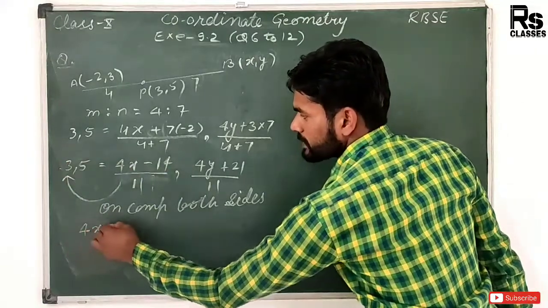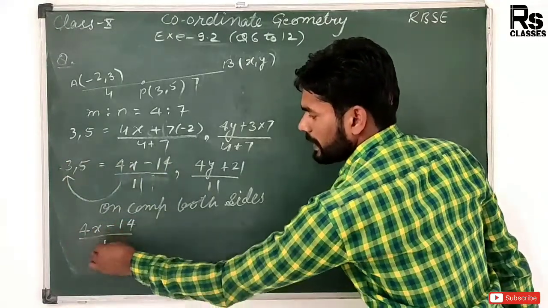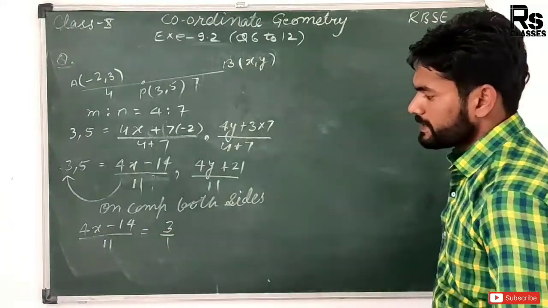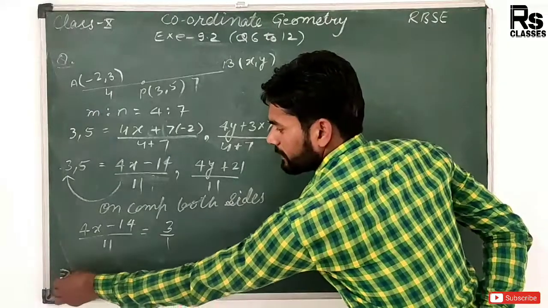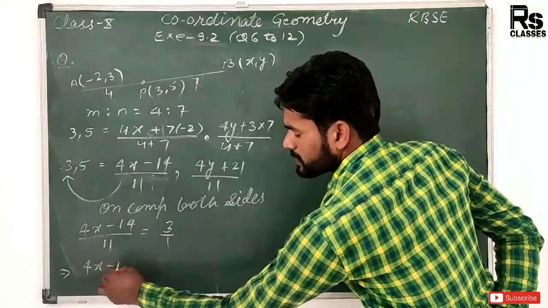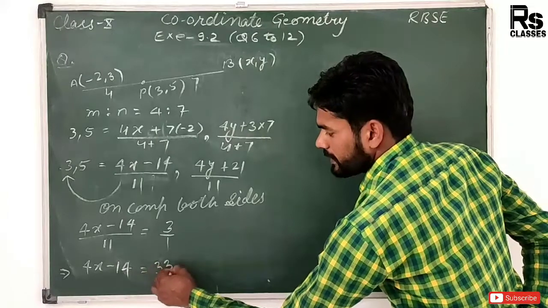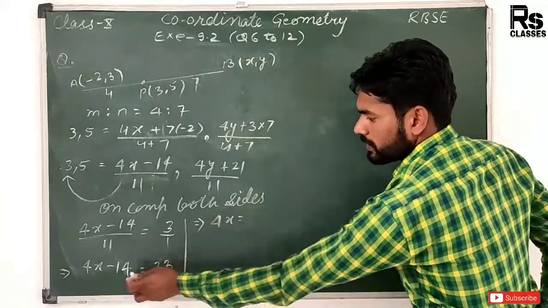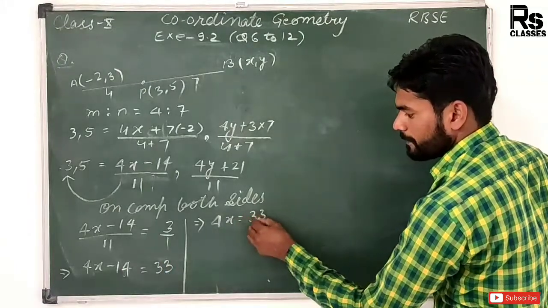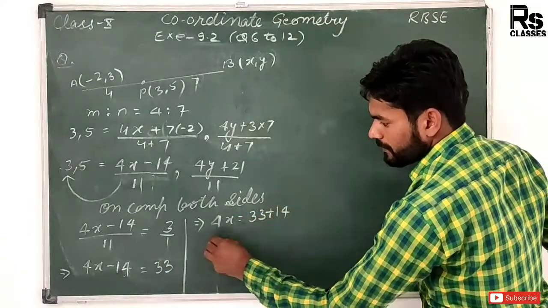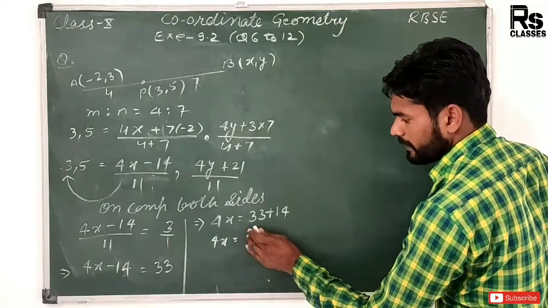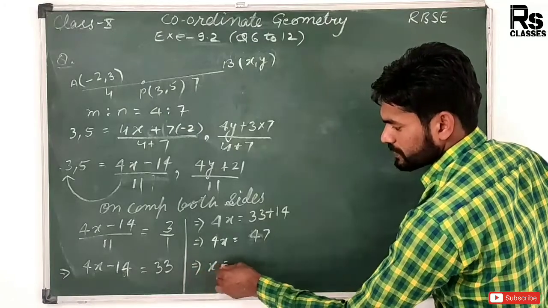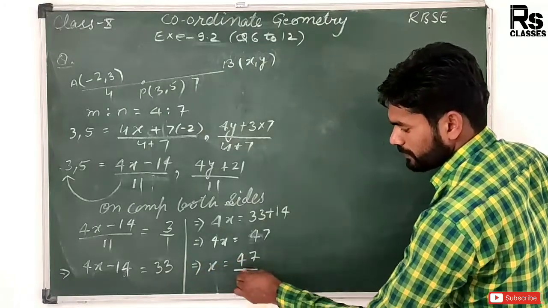Then (4x minus 14) upon 11 is equal to 3. Let's suppose the denominator is 1, multiply it cross, then 4x minus 14 is equal to 33. It implies that 4x is equal to, transposing the value, 33 plus 14, 4x is equal to 47. Finally x is equal to 47 upon 4.